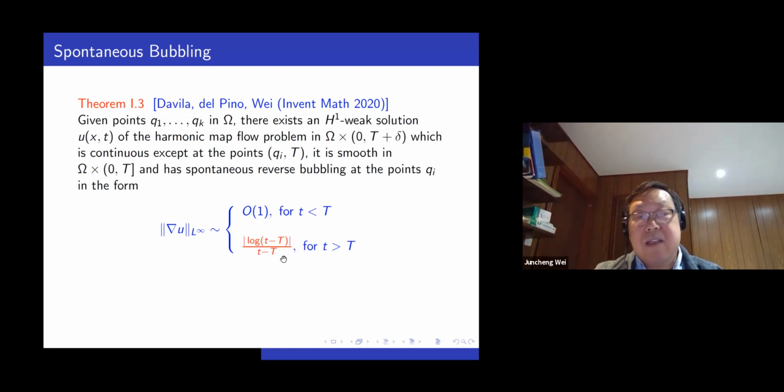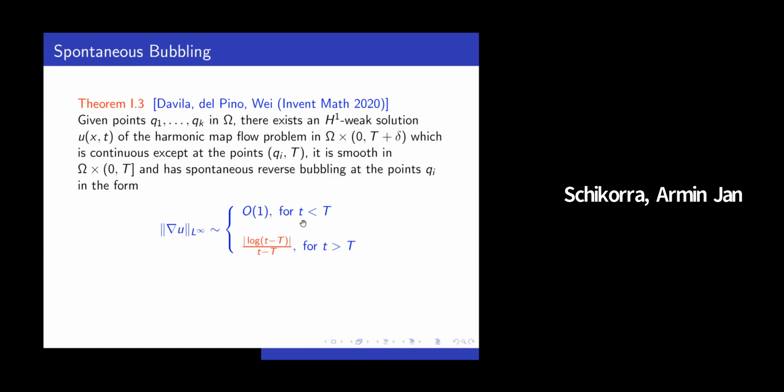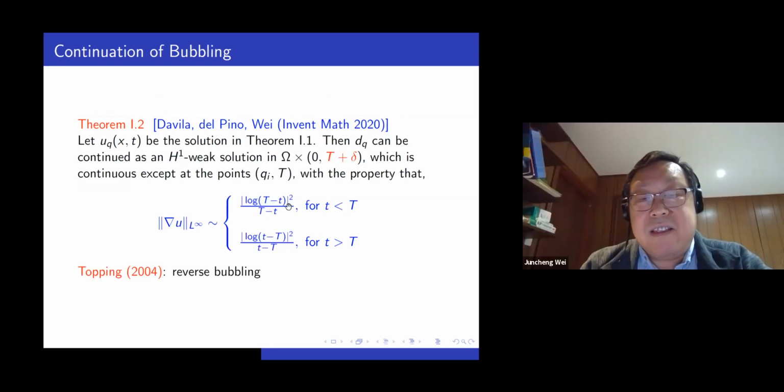So are there some questions in the chat? Yes, I can read it. Does the energy decrease discontinuously at T? Is the question. Okay. Yes. So the first, this solution, the energy will be continuous. So that's why this is a continuation of a blob.